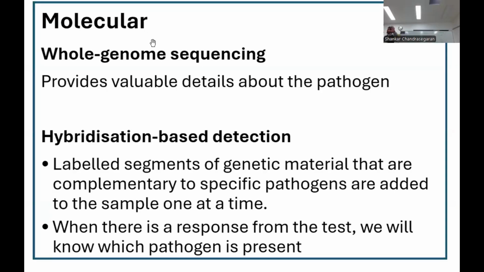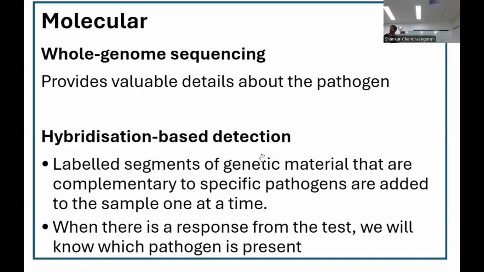If we have the genetic code of a bunch of different pathogens, we can then basically use labeled segments of genetic materials of different pathogens and expose the sample that we have to those labeled segments and see which one will bind to the complementary sequence on the sample pathogen. And when we have a response, that's when we know which pathogen we're dealing with.